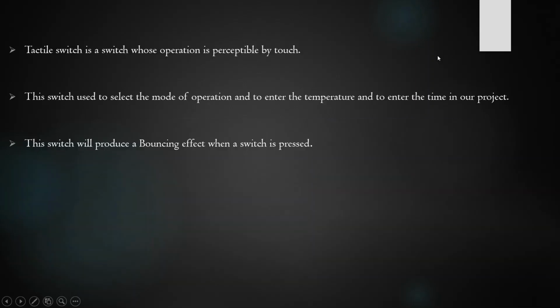The tactile switch is a switch whose operation is perceptible by touch. The switch is used to select the mode of operation and to enter the temperature and the time in our project. The switch will produce a bouncing effect when it is pressed.